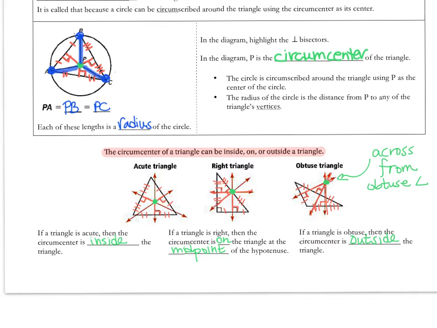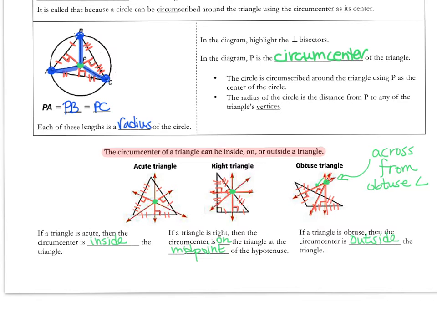And the more obtuse the angle is, the further away that point will be. So the closer it gets to being a right triangle, the closer it moves in, and it would end up, like in this picture, it would end up here if it were actually a right triangle.